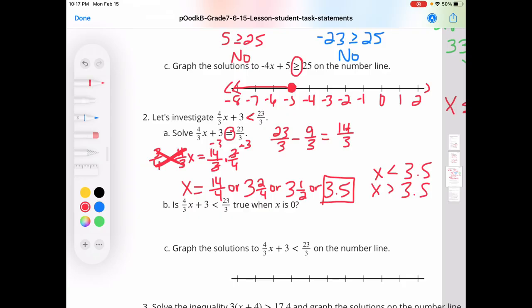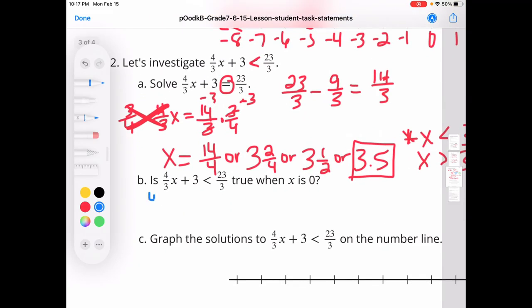So for B, it wants us to know if this inequality would be true if x is 0. And I know that 0 is less than 3.5. So that would tell me if less than would be my correct option. So first we'll test it. So 4/3 times x, which is, we're going to use a 0, plus 3 is less than 23/3. So 4/3 times 0 is 0.